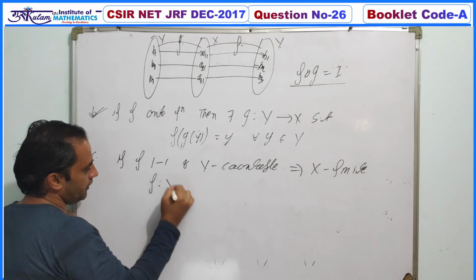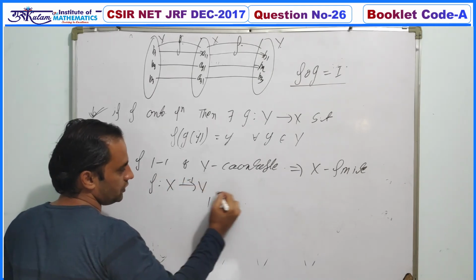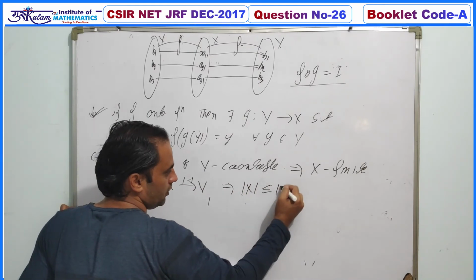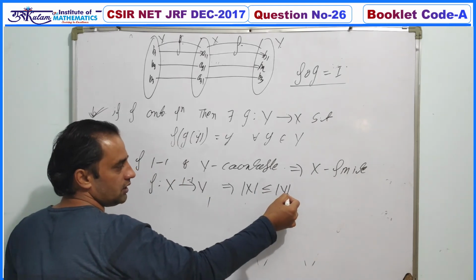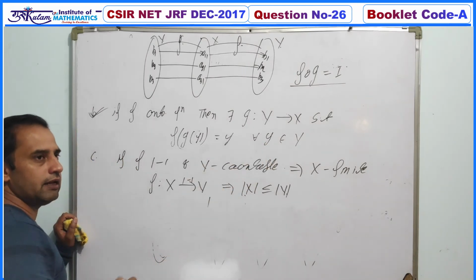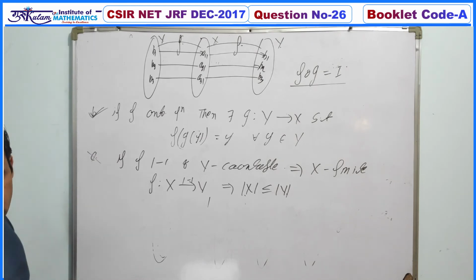So f is defined from x to y, and it is a one-one function. So this implies the number of elements in x is less than or equal to the number of elements in y. Now y is countable, so x must be countable but need not be finite. It can be countably infinite. So the C option is definitely a false option.